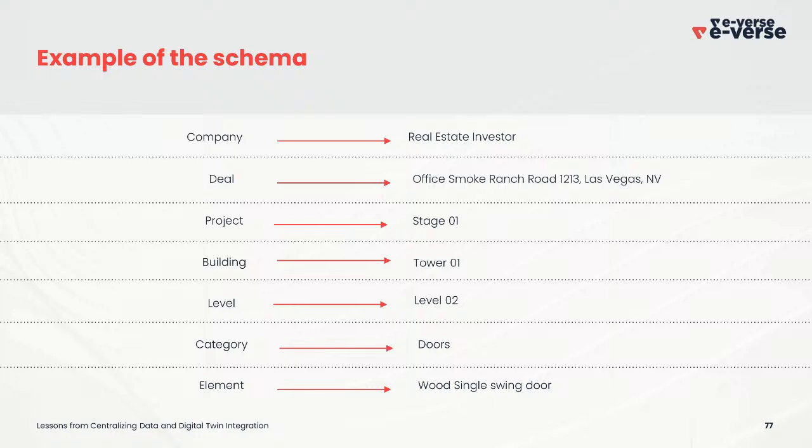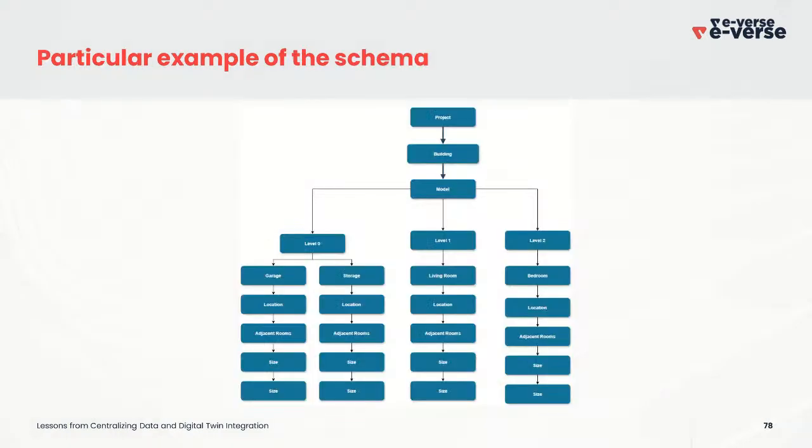Given that we had the relationship of the whole tree, we could easily analyze data on multiple levels, which was really interesting. And yeah, a piece of a schema, for example, for buildings was something like this: project, building, model, then model, levels, elements, etc.